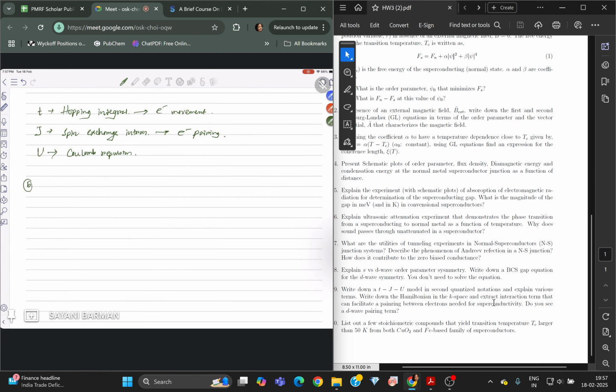In 9B, they are asking: write down the Hamiltonian in the k space and extract the interaction term that can facilitate a pairing between electrons needed for superconductivity.